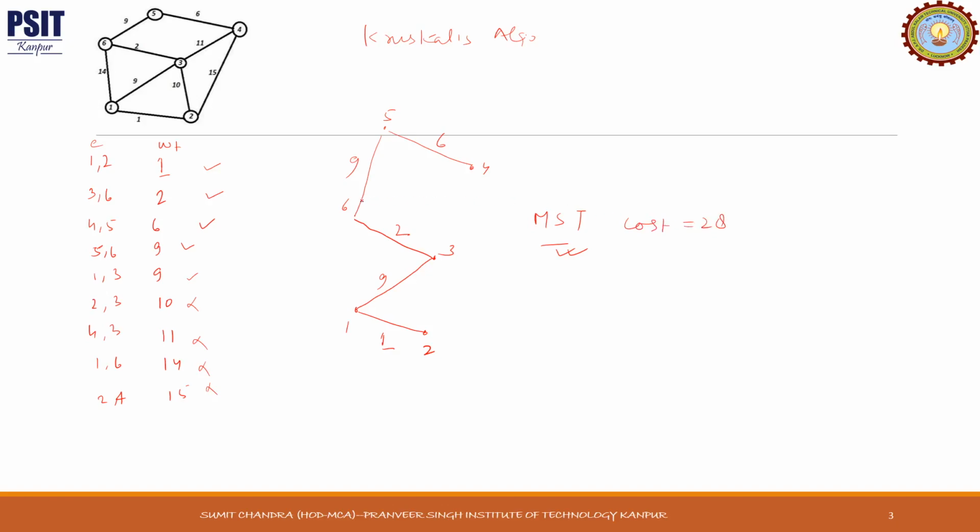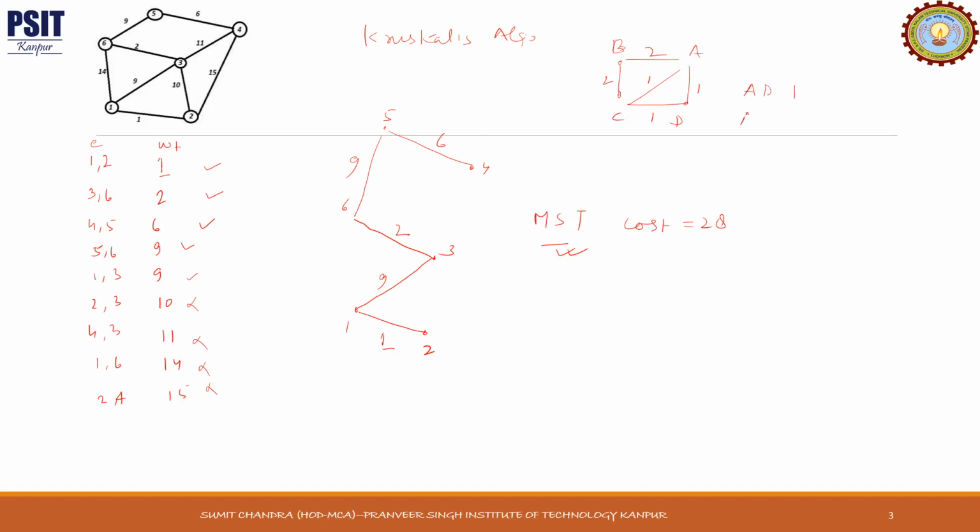Now suppose I modify this algorithm a bit. Suppose I am taking this graph as an example. For this graph again I will write all the edges in ascending order of weight.